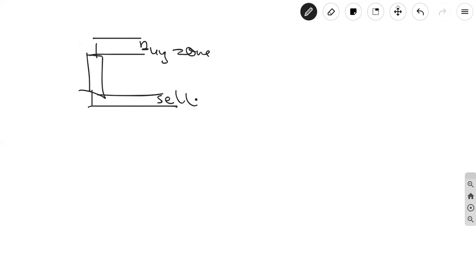So whenever we have a break below here, it's like we have broken the sell zone, meaning if we are about to come back, we are likely to test these zones.